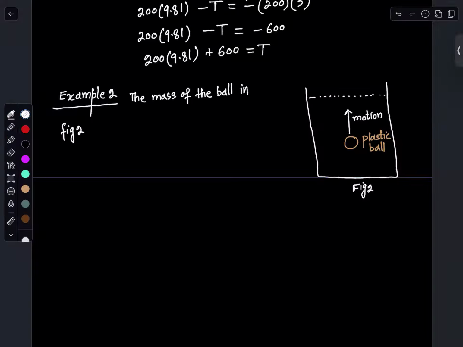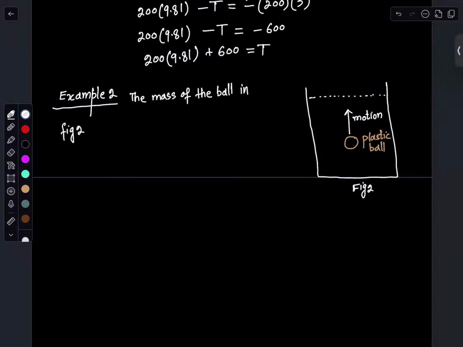Musa, is the ball accelerating or decelerating? Accelerating. The ball is accelerating, and the motion of the ball is upwards. Since the motion of the ball is upwards, that's why the drag force will be downwards. This is the drag force. Now, Elizabeth, what is the equation of resultant force? Sum of forces in the direction of motion minus sum of forces against the motion.